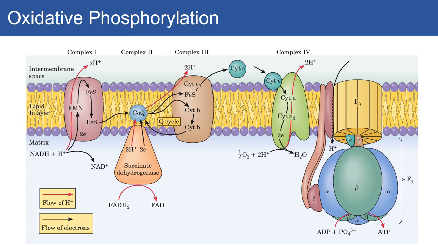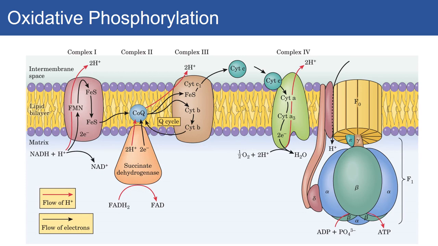Again, some people reference it as complex 5, but we'll just talk about it in terms of F0F1 ATPase. It's a really fascinating molecule, as it's a motor. It's a pump and a motor. It rivals anything that we have manufactured. In fact, it's probably better. Anyway, different story. We talk about flow of protons, flow of electrons.